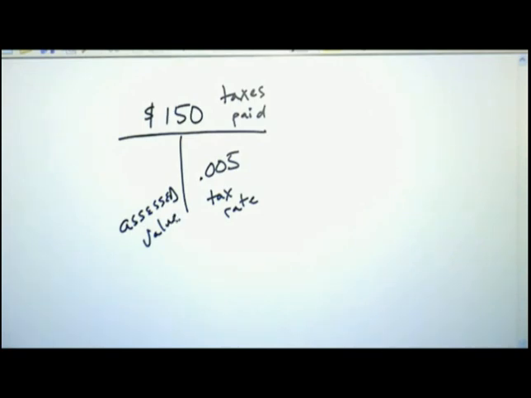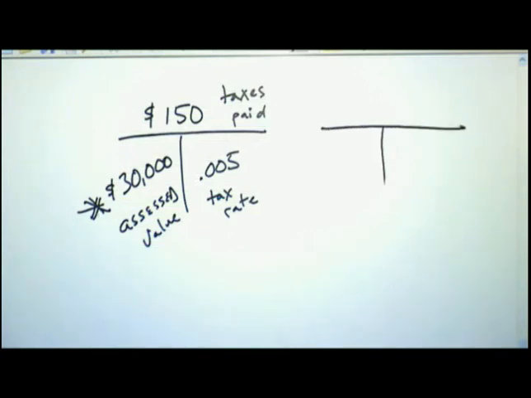So I'm going to divide the $150, since it's on top, by the tax rate of 0.005. $150 divided by 0.005 is $30,000. Now have I answered the question? And no, I haven't, because it's looking for the total value, and this is only part of the total value.